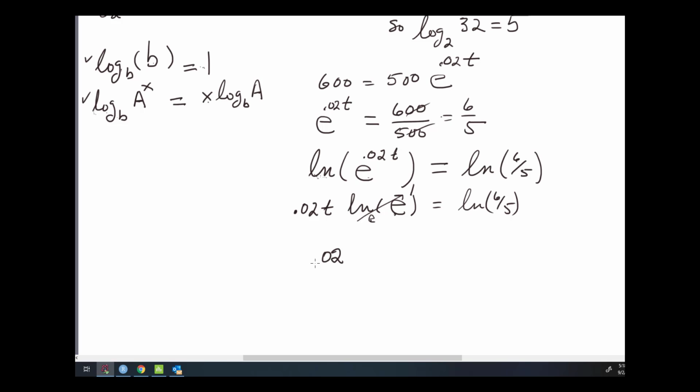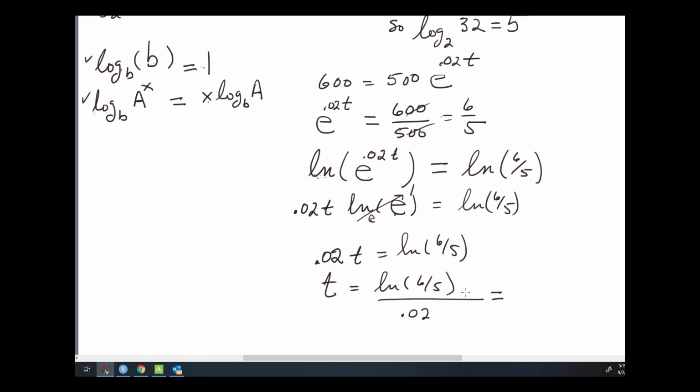And now what I've got is 0.02 t is equal to the natural log of 6 over 5, or t is equal to the natural log of 6 over 5, divided by 0.02. Nobody knows these by heart, so we use our calculator.